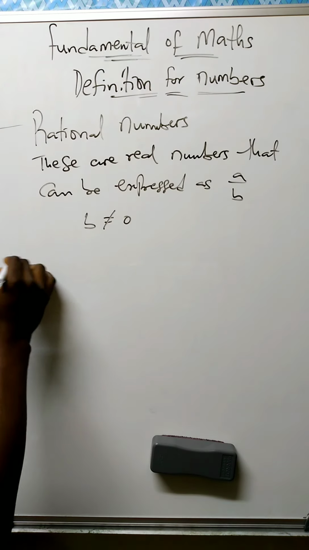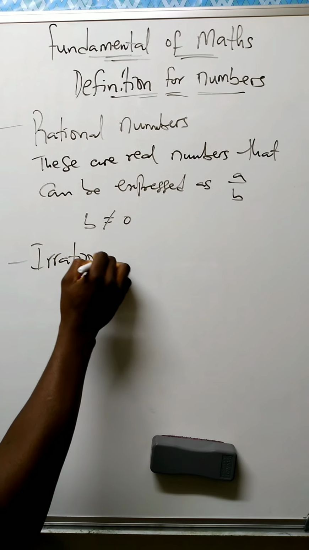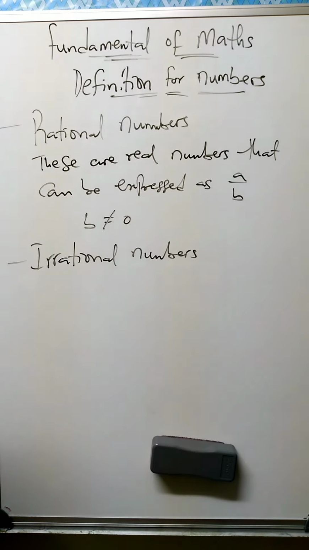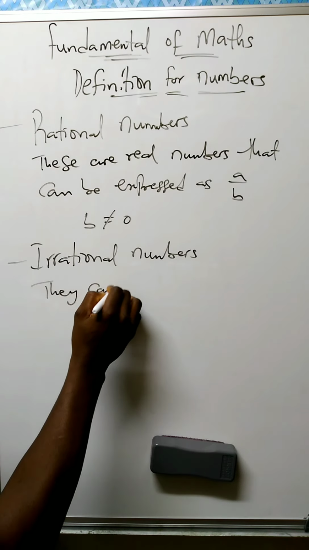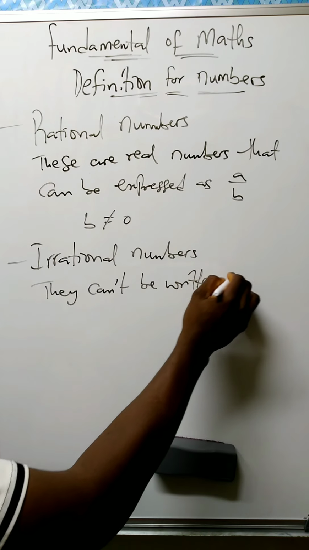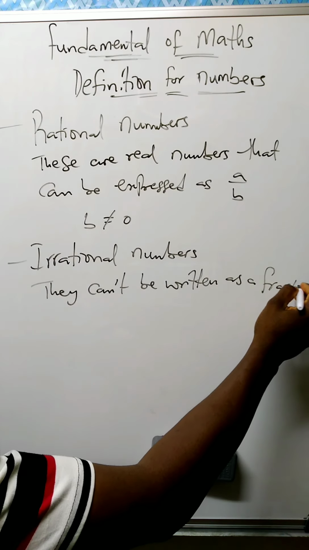We also have what we call irrational numbers. Irrational numbers can't be written as a fraction. So you can't express irrational numbers as fractions.